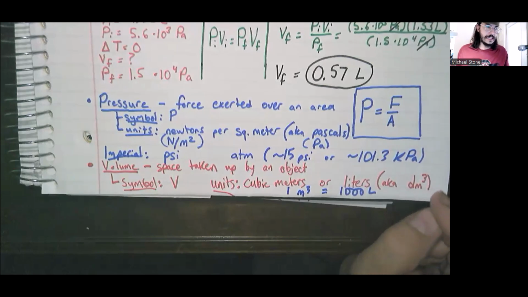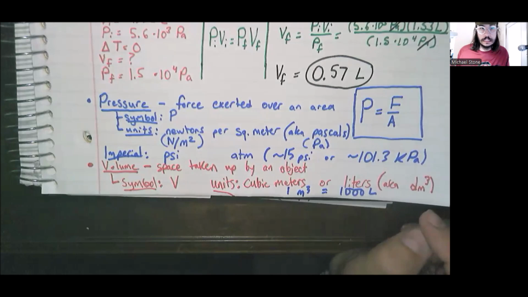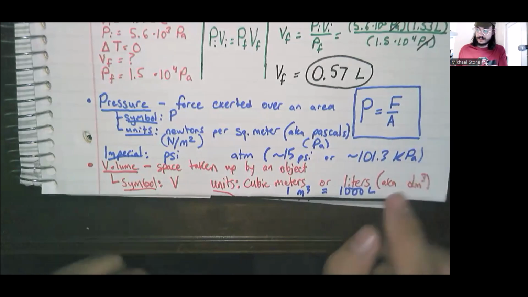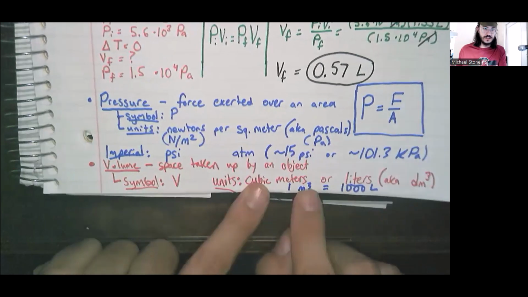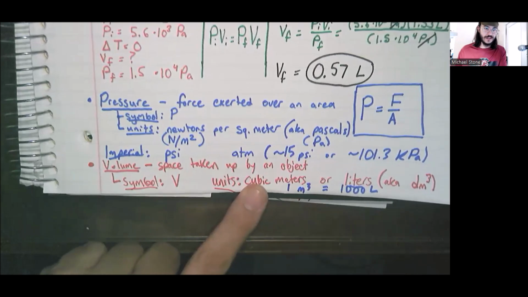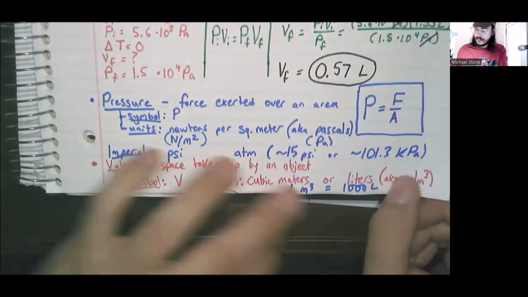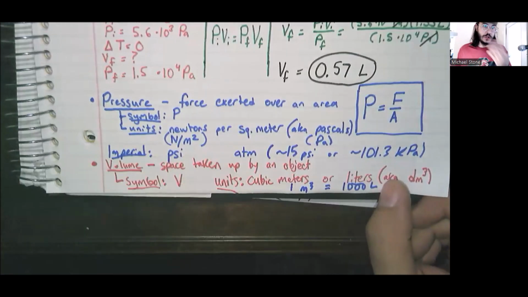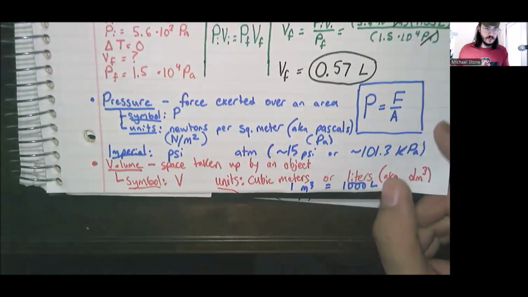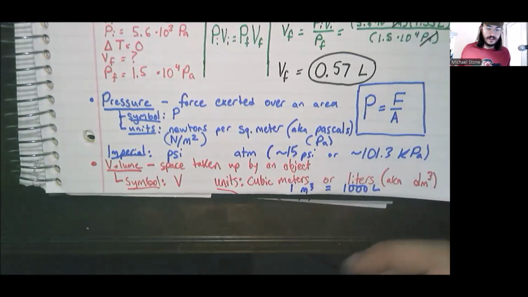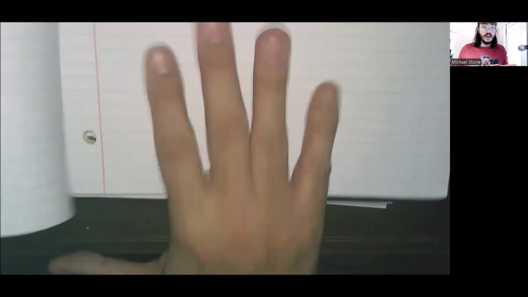You don't often see kiloliters or megaliters. Why? Because 1 kiloliter would just be a cubic meter. You just swap the units so you don't have to say kilo. I don't know. But instead of ever having kiloliters, you just go straight to the cubic meters if you're talking about it like that. However, deciliters, centiliters, and especially milliliters are all very common.